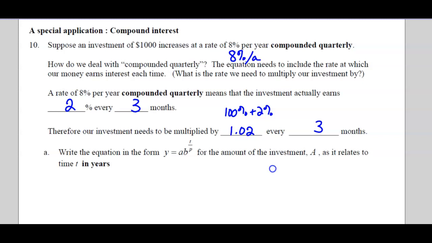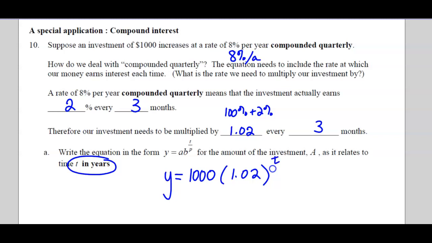Okay, so notice how time in years is bolded here. So we're keeping time in years, not months. In any case, Y will be our value of the investment. A will be our initial amount invested. We've already figured out that our B will be 1.02. Okay. T is years.